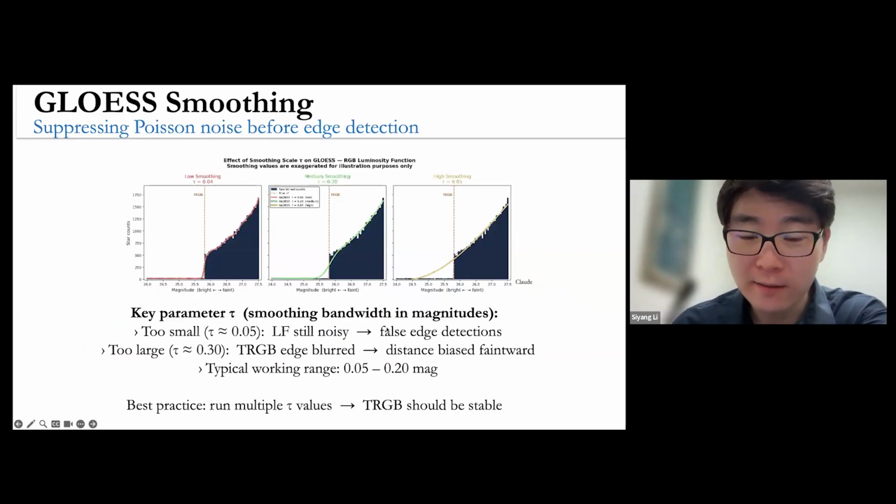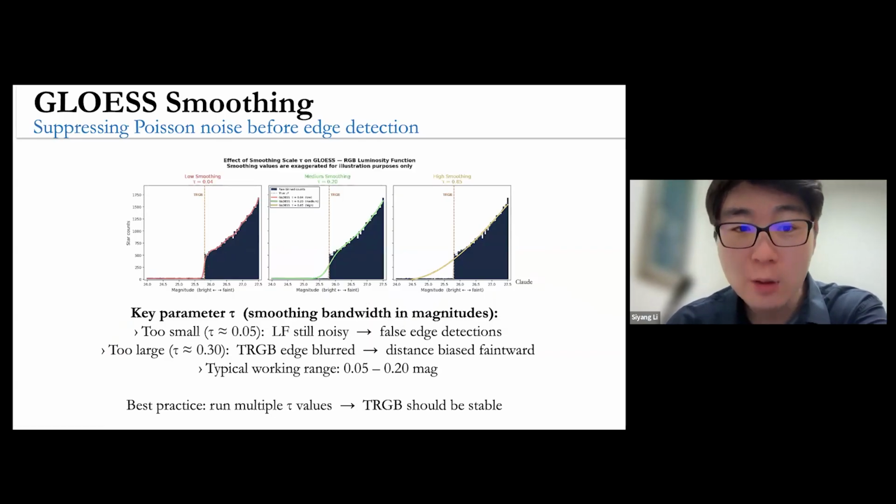So here's a comparison of what happens when you smooth a TRGB luminosity function. Again, we have our broken power law histogram with a sharp drop off here, using simulated data points. When we use low smoothing, you can preserve this discontinuity, but you do see some bumps and wiggles in the smooth luminosity function.